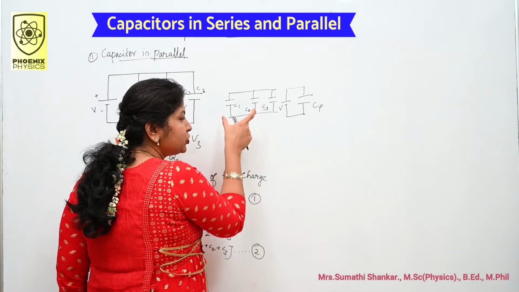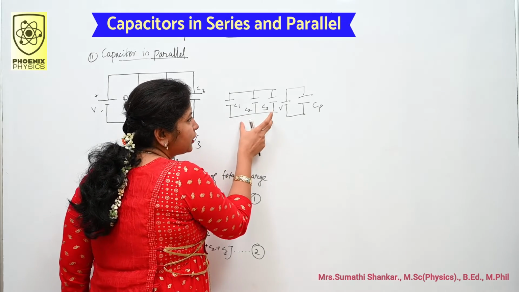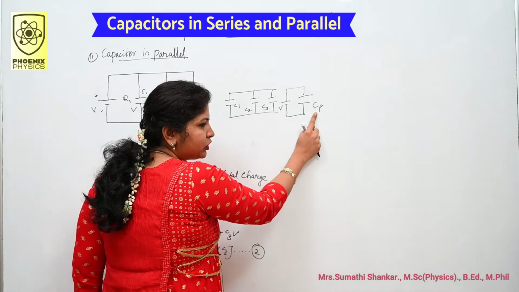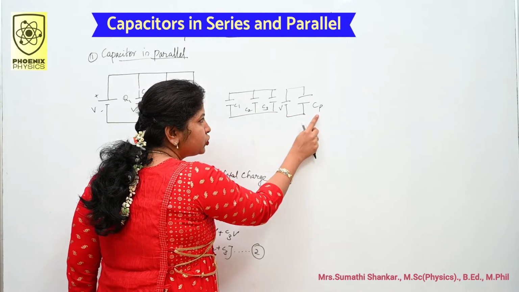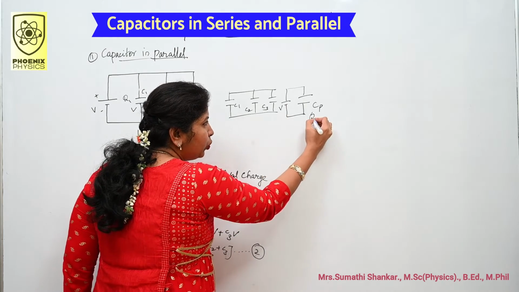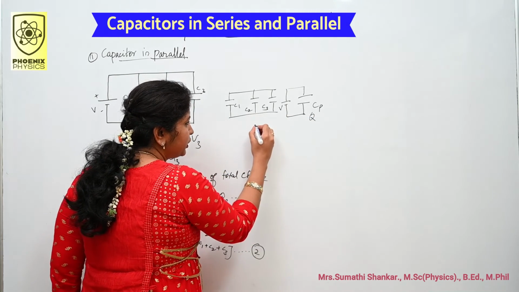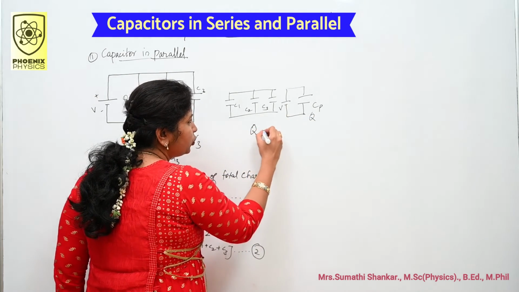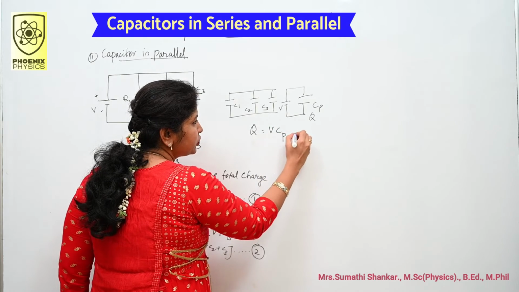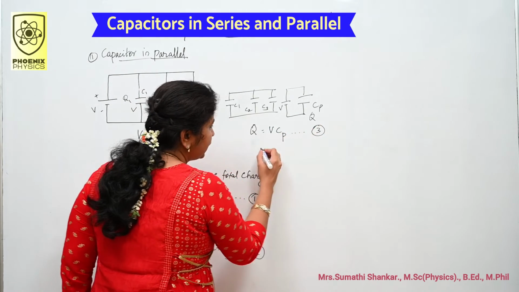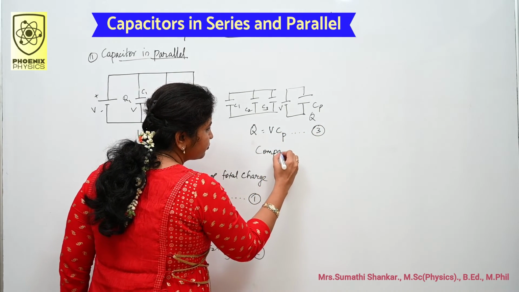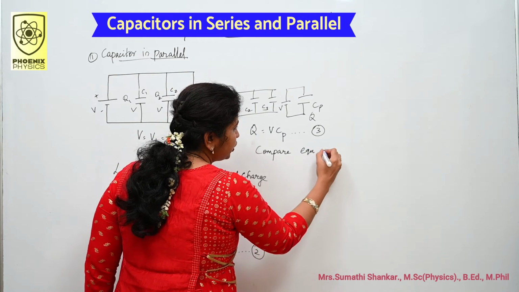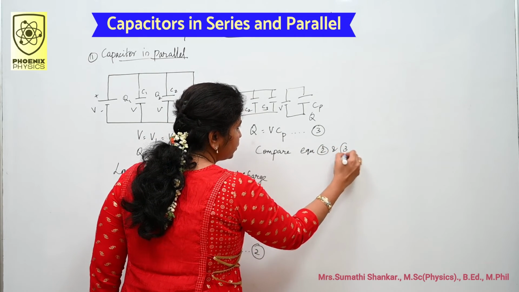If the three capacitors are considered to form a single capacitance Cp which stores the total charge Q, then Q is equal to V Cp. This is my equation 3. Compare equation 2 and 3.